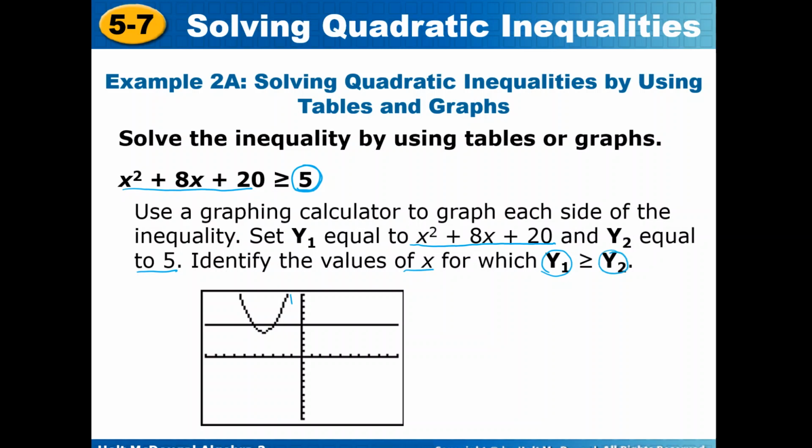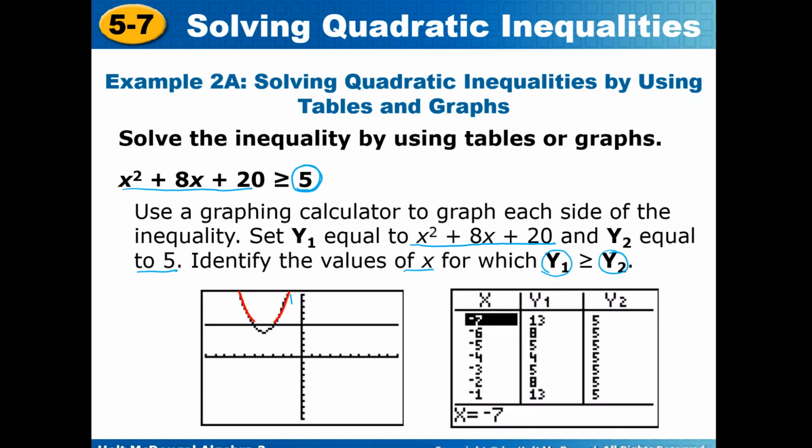If you go ahead and type in second table, which is the graph button on your calculator, you're going to see a table come up, and we can see that from this portion, this is greater than 5, and here your y is also greater than 5. So we have two places where y is greater than 5.